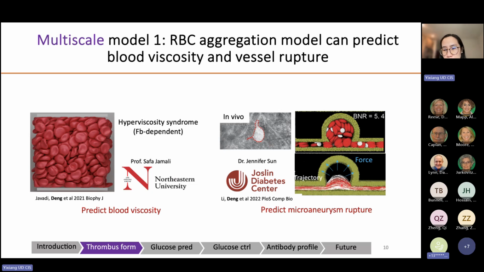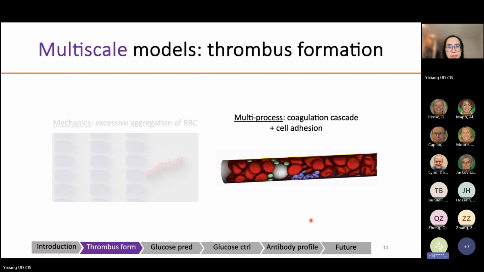And using this model, combined with the red cell aggregation model, we can also help calculate the forces due to this aggregation on top of the microaneurysms. And it can help us further predict the rupture risk of the microaneurysm.